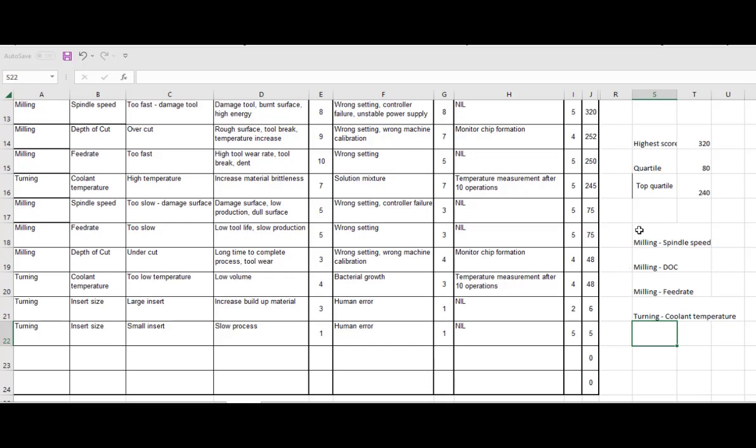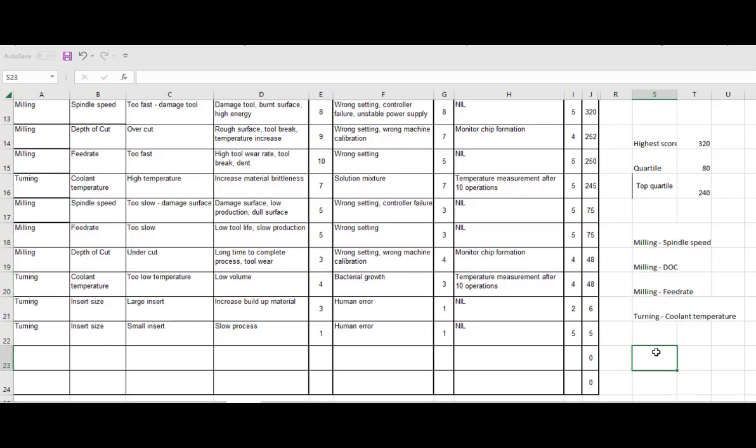All right, since our coverage or our syllabus for introductory Six Sigma is only up to the measure phase, basically this is the last step in the measure phase. All right, so it means that we have identified a few related inputs that we need to further investigate in the analyze phase.